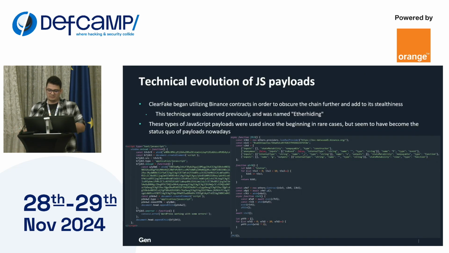Some time ago, I don't remember exactly where it appeared from, there was this technique called EtherHiding, where bad guys started hiding malicious code or stuff that they would like to use in Ethereum contracts. And that's what ClearFake began using. They used those payloads that I've shown before for a few months and then transitioned to using EtherHiding. And this is the status quo of the payloads nowadays.